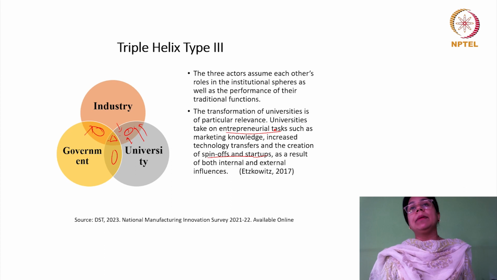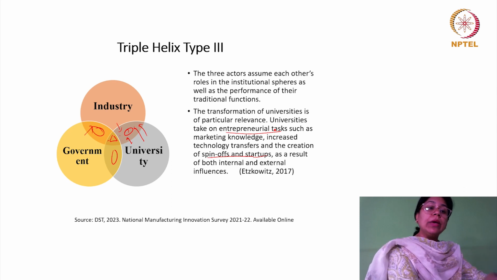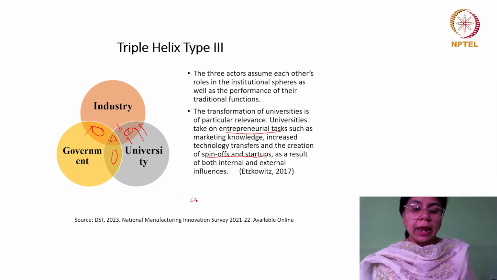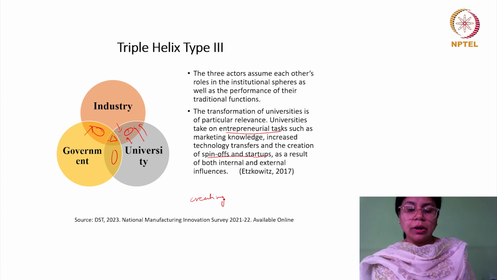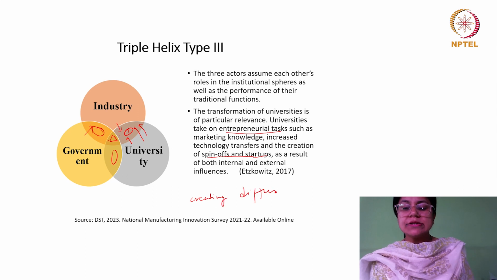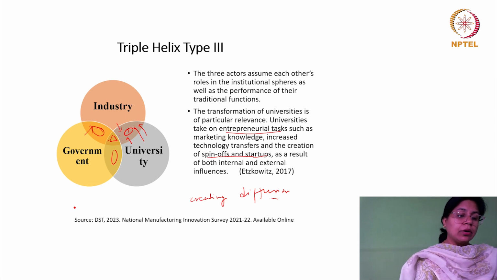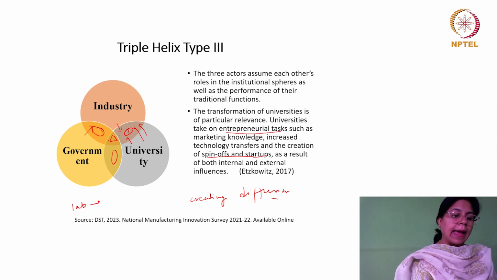They are becoming entrepreneurial in nature, in the sense that they are moving beyond their traditional role of only creating and diffusing knowledge. Rather, like we said in the earlier section, the focus is on how you create knowledge which moves away from the lab to the land or to the market.